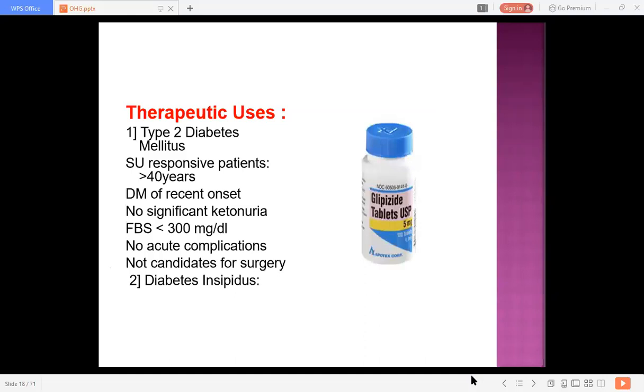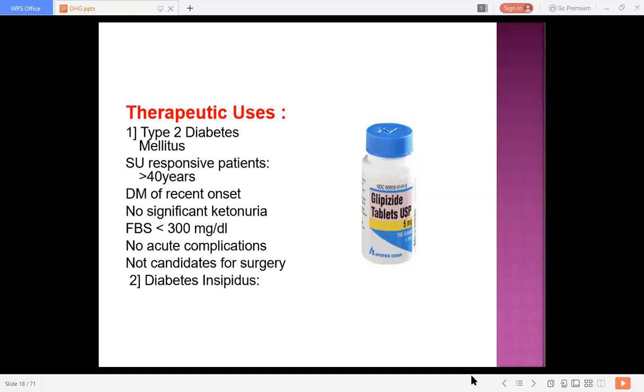Therapeutic uses of sulfonylureas. Type 2 diabetes mellitus: sulfonylurea-responsive patients more than 40 years old, diabetes mellitus of recent onset, no significant ketonuria, fasting blood sugar less than 300 mg per deciliter, no acute complications, and not candidates for surgery.